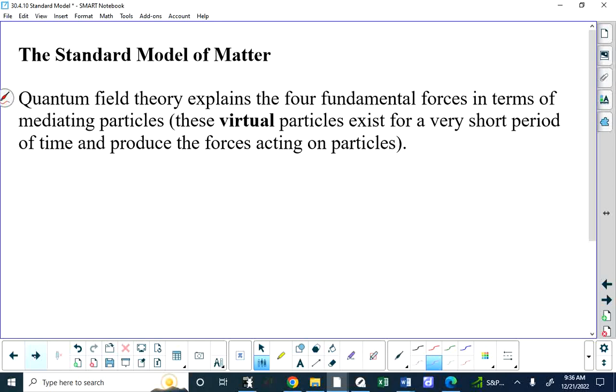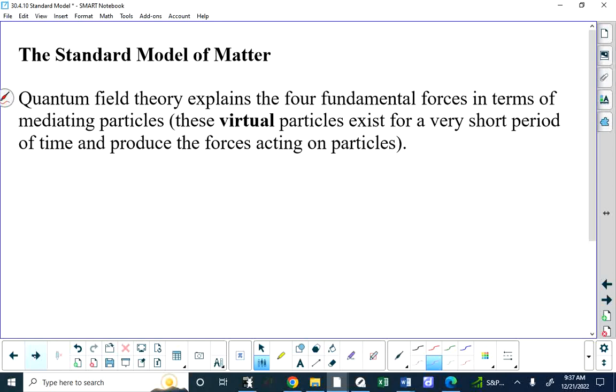Now, a mediator, if you had a labor dispute between an employer and a union of employees, they often get a mediator to bring them together. So a mediating particle is a particle that produces the force that connects these particles together.